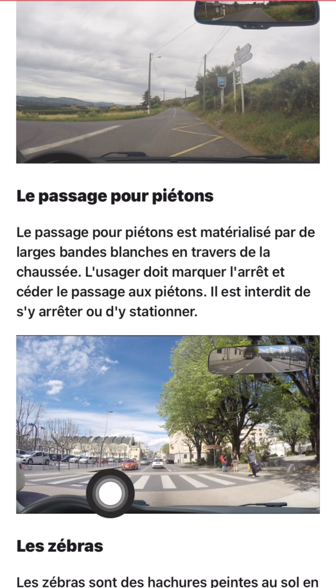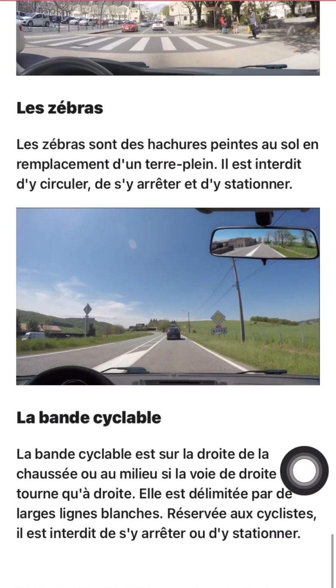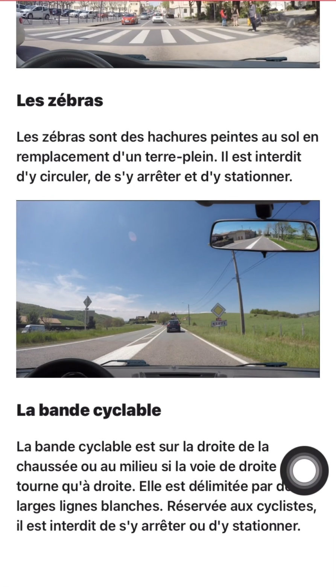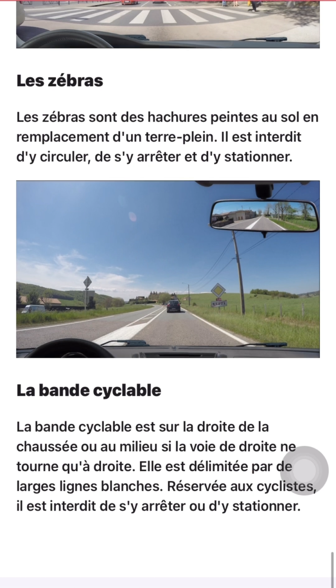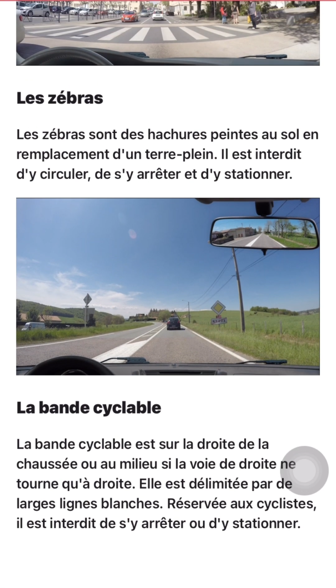It is prohibited for us to stop or to bring our passenger on this road, because it is reserved uniquely for the people that are walking and want to cross. So you cannot stop and you cannot carry passengers on this line. And we have the zebra road, and we have the bicycle road as well.